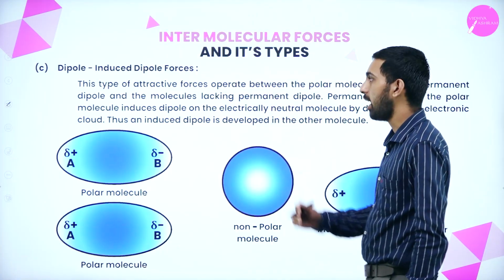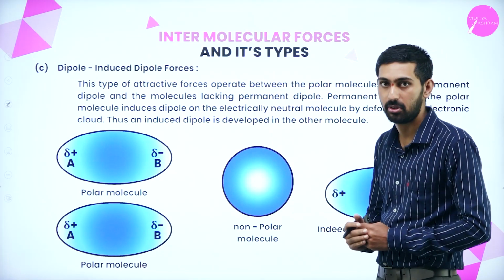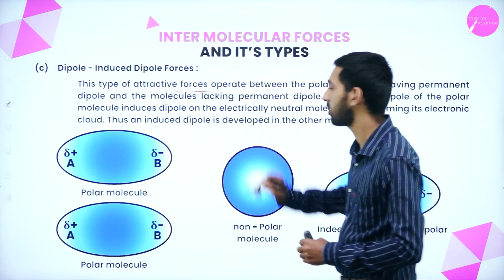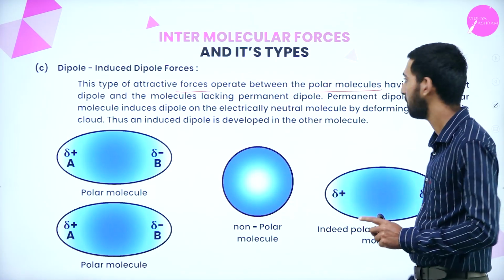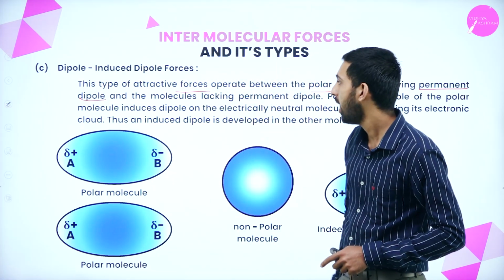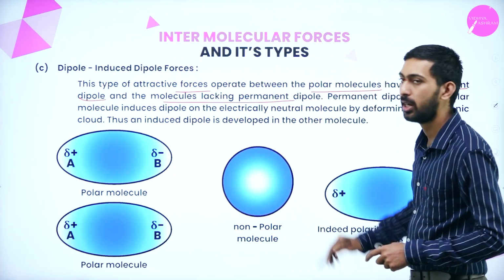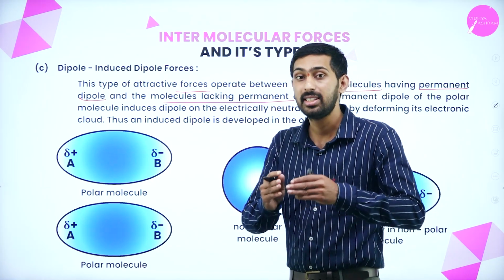Next thing is dipole-induced dipole. This is the third type. This is an attractive force which operates between polar molecules having a permanent dipole moment and molecules lacking a permanent dipole. One should have a permanent dipole and the other is lacking it.